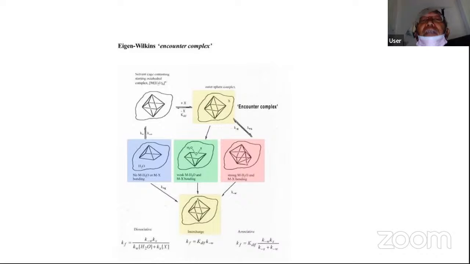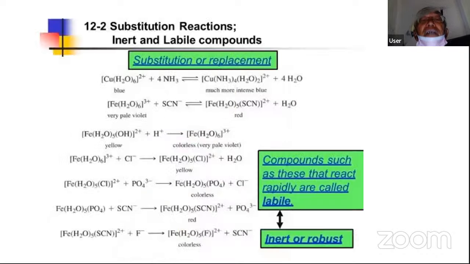So we have a change of geometry, okay? On the next slide, we can see another important terminology in studying substitution reactions. The term is that the ligand can be considered very inert or very labile. So what do you mean by labile? What do you mean by inert?